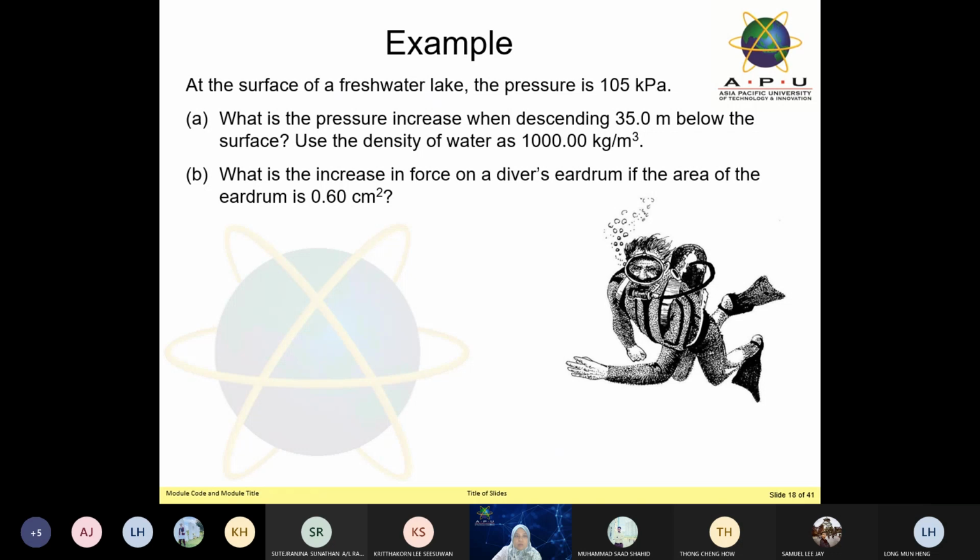So sea will have different density. Density value will be given in one table. So you need to find out. For example here, the density of water is given in the question itself. But in some questions, the density is not given in the question. You need to refer to a table.